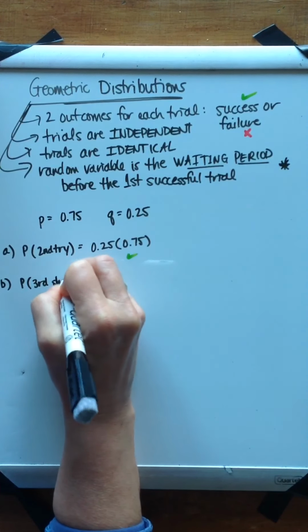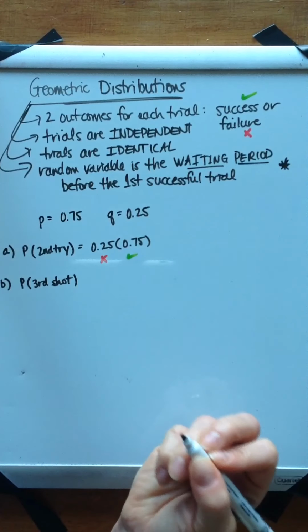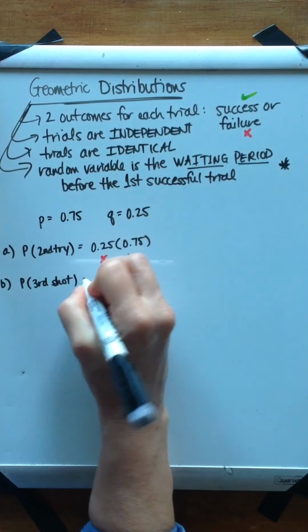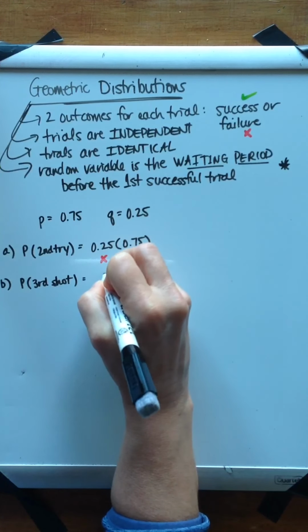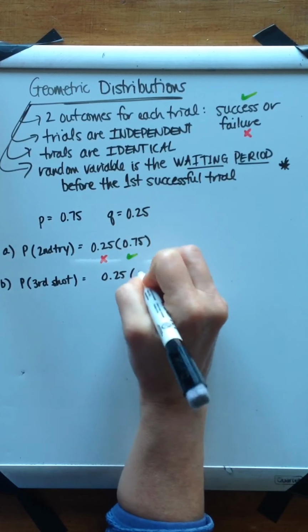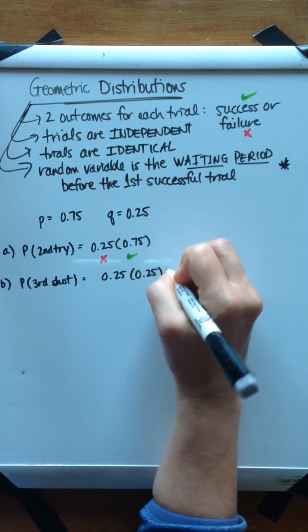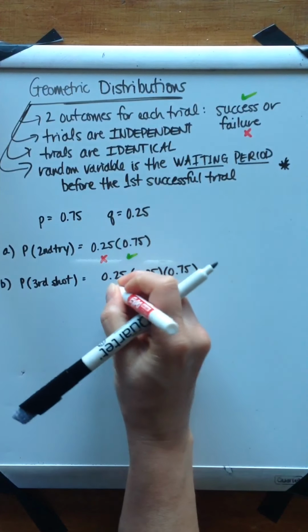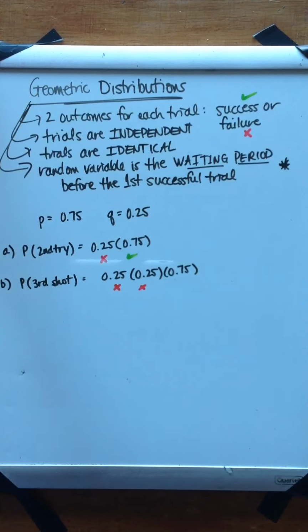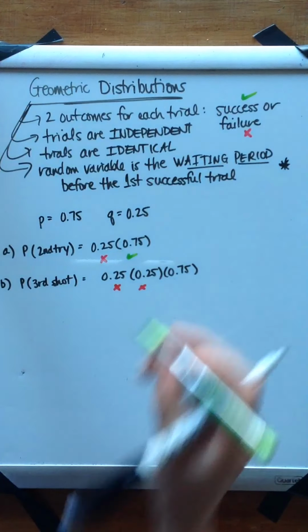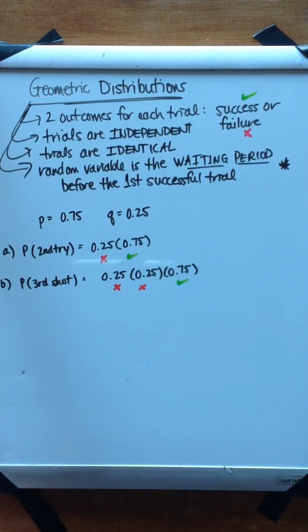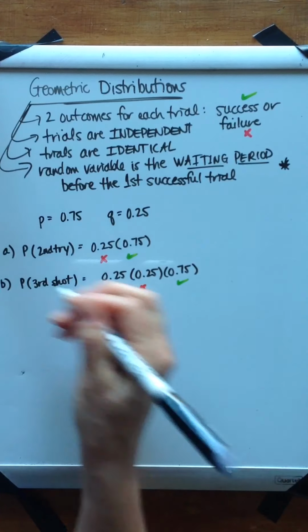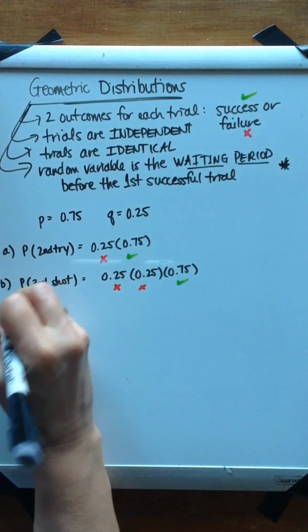And I'll put the word shot here instead of try, just so that we can put it in the context of the basketball player. So that would again mean first trial is a fail, second trial is a fail, and the third trial is a success. You can see this particular shooter had to wait 2 trials before getting their first success on the third one. And you can see a similar pattern.